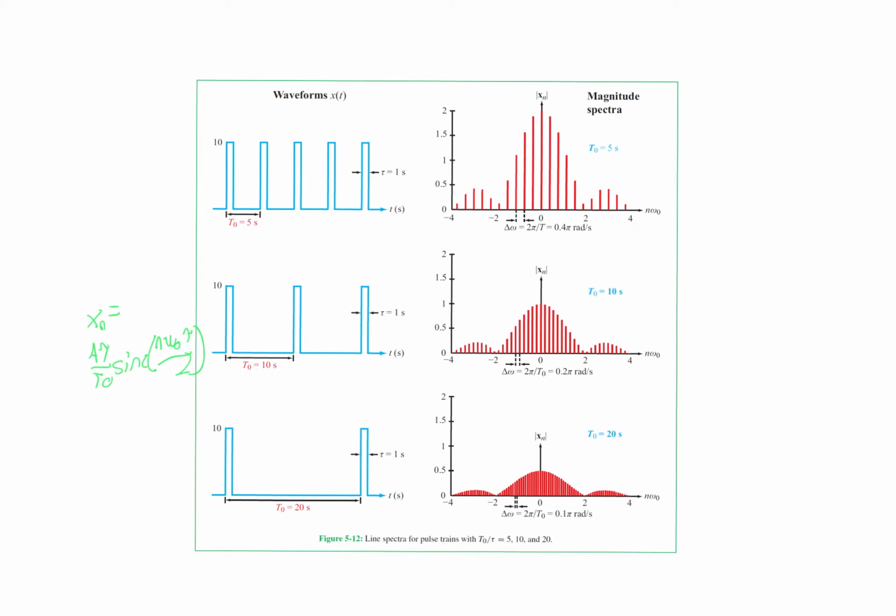But as I'm dividing by the period t naught, I am also including more points in a given frequency range. So if I have a t naught that is 4 times higher, I have also in a given frequency range 4 times as many Fourier series coefficients because they are being put closer together. So I need a higher n to get up to the same frequency.